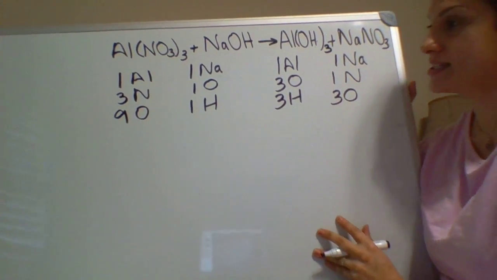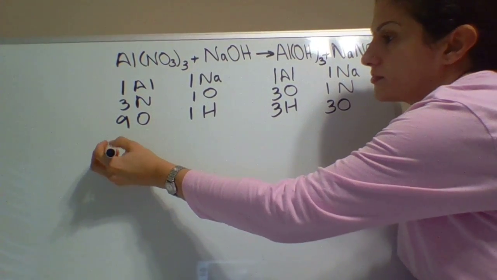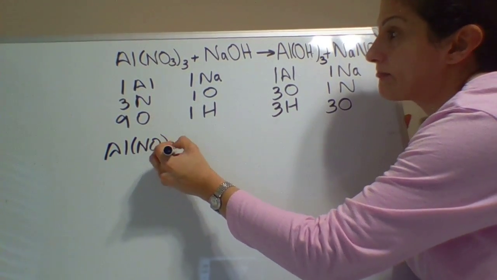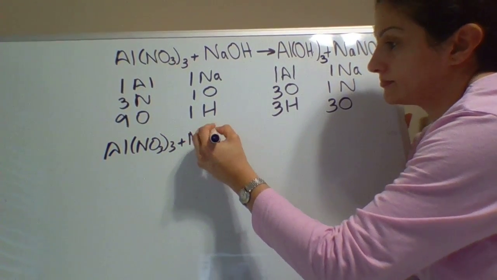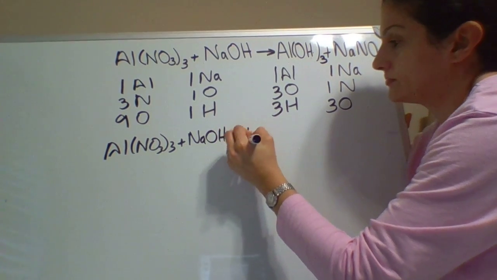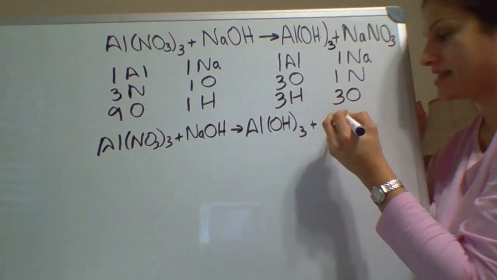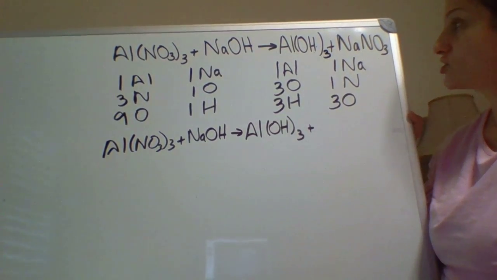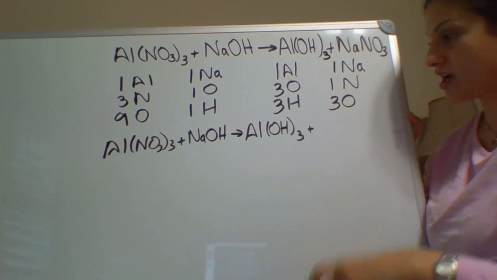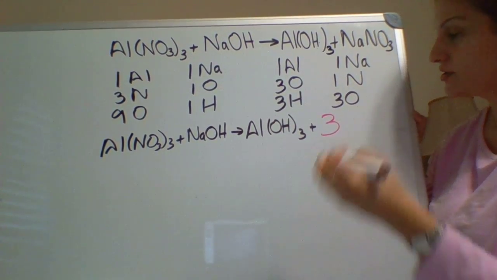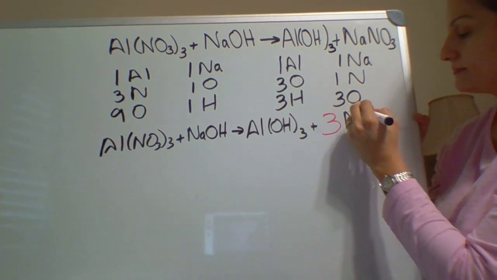So I'm going to do this step by step with you. If we do that, I'm going to write out this equation again. We're not doing anything to these ones yet, but I'm saying that we have to give sodium nitrate a coefficient of 3 in order to balance out the nitrogen.